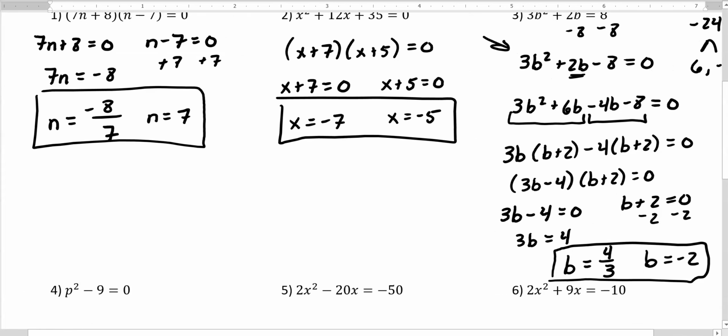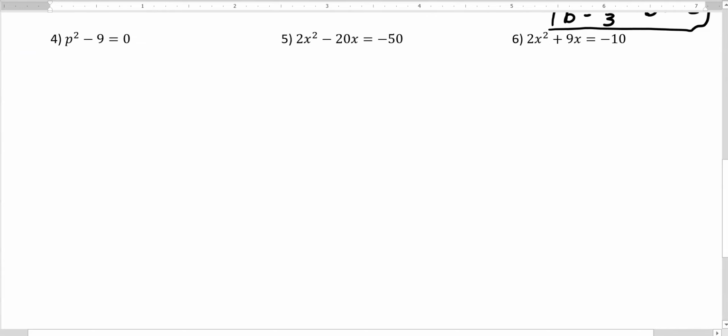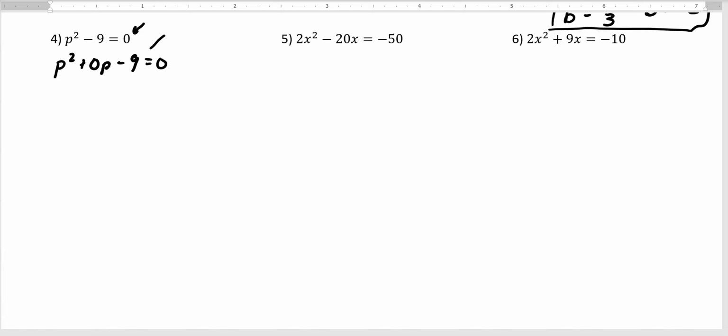Fantastic. Let's look at number 4 here. p squared minus 9 equals 0. Sorry about that, that thing just keeps popping up. If I want to solve this by factoring, I'm good that I have it equal to 0. It might be helpful to rewrite it as p squared plus 0p minus 9 equals 0, to think that we need numbers that multiply to negative 9 but add to 0.